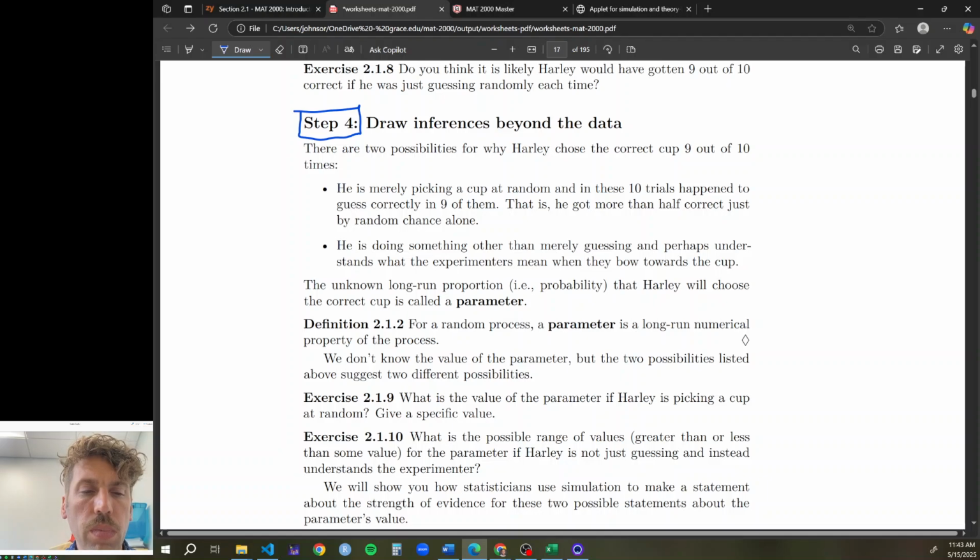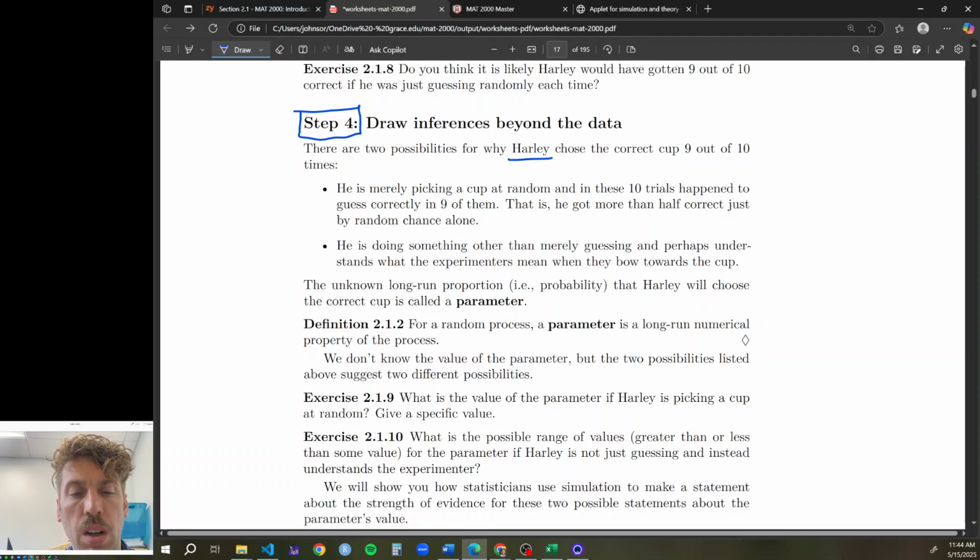So we have 2 possible explanations here: either our dog named Harley is guessing randomly or understands something. Harley might not understand everything about the gestures, but either Harley's just guessing randomly or Harley has some understanding of what's going on.